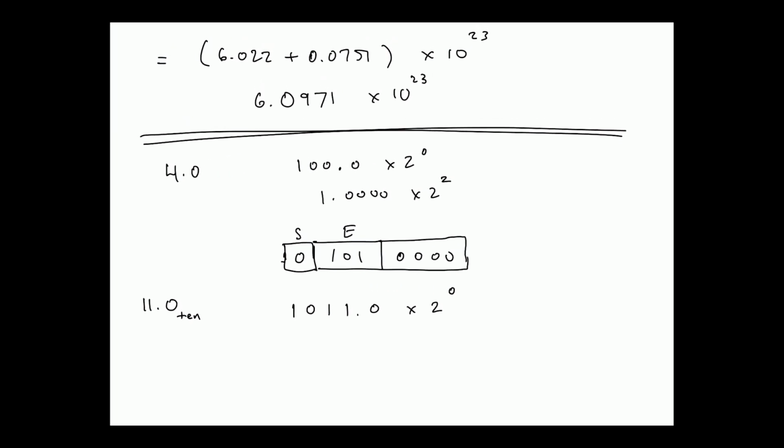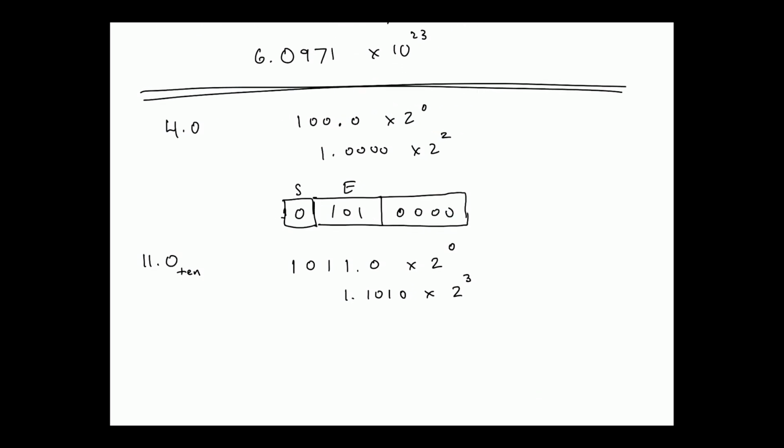Yeah, move the radix, and so I'll have 1.1010 times 2 to the, how many positions did I move it? 3, so I've got this. Yes, sorry. So it's 0110. There we go.